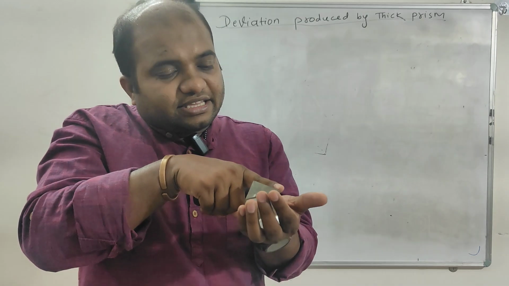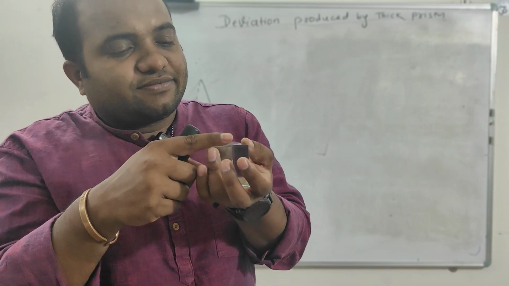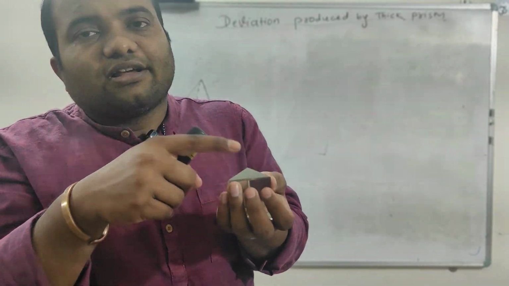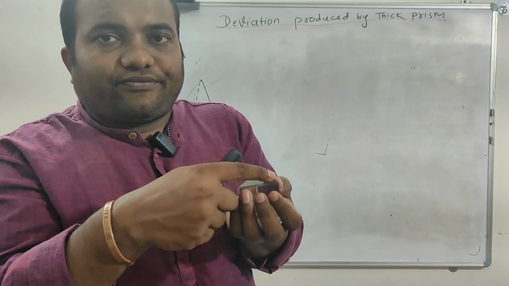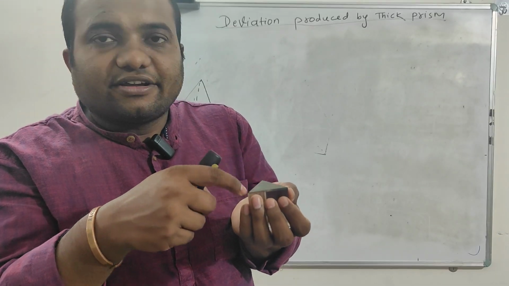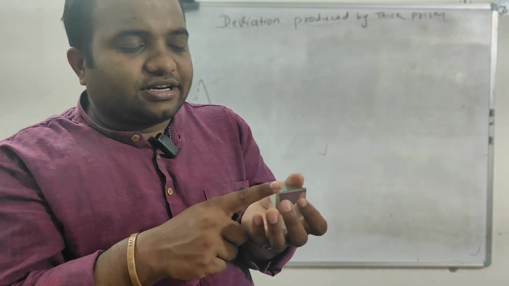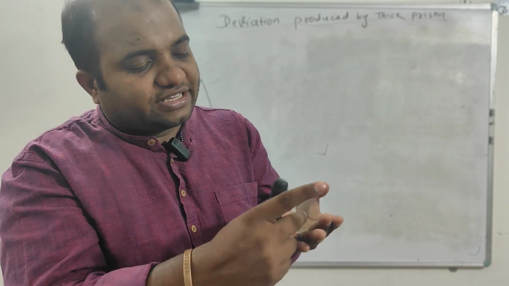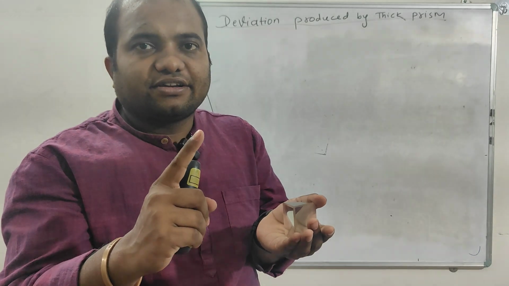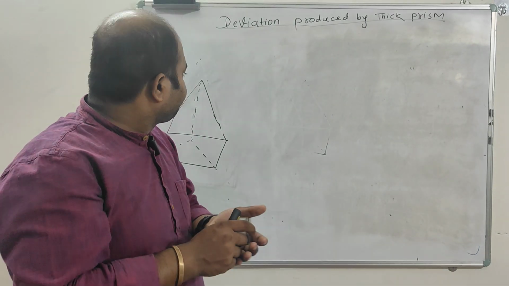Between this surface and this surface also you have an angle of prism. So you have three angles in total, but at a time only one angle will take part in deviating the light. Two refracting surfaces and one angle will take part in refraction.